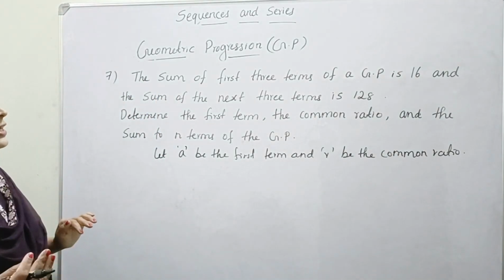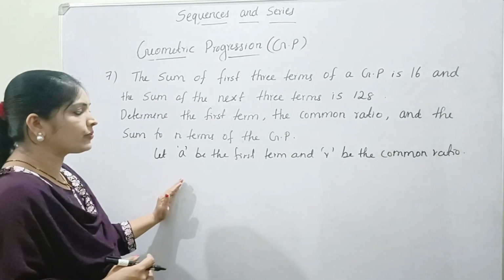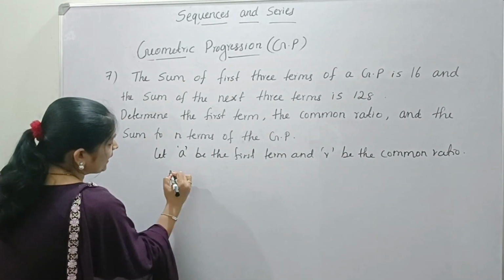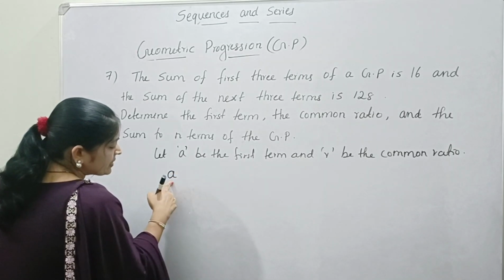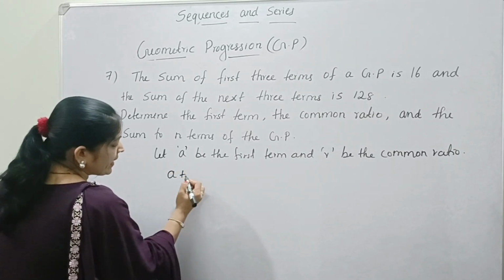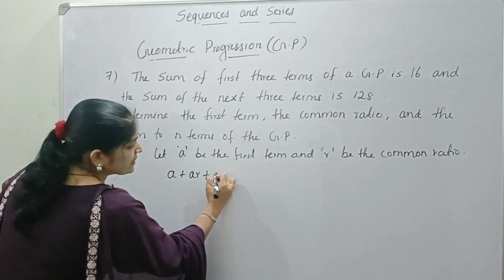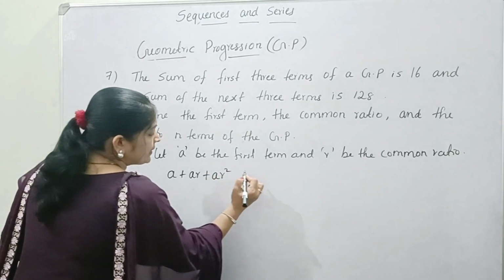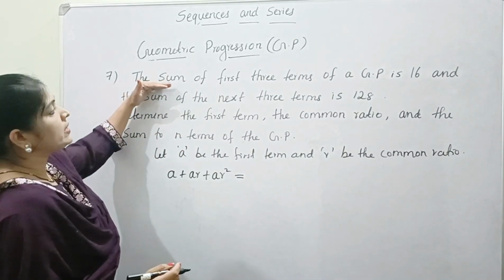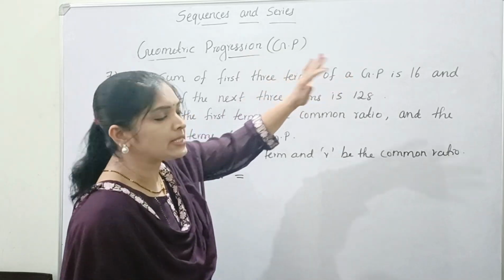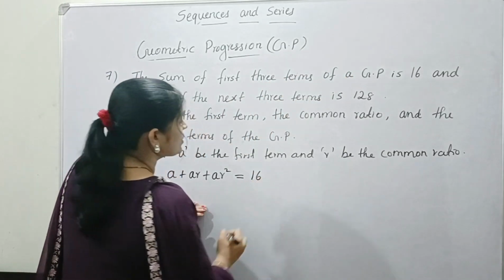So what are the 3 terms in a GP? If a is the first term and r is the common ratio, the sum of first 3 terms is a plus ar plus ar square, and it is given that the sum is 16.